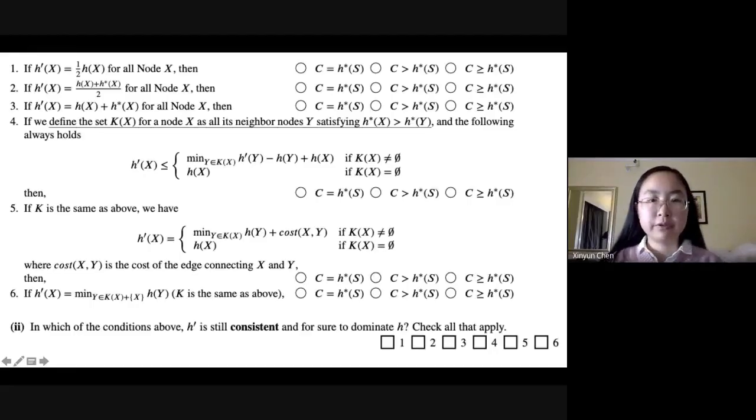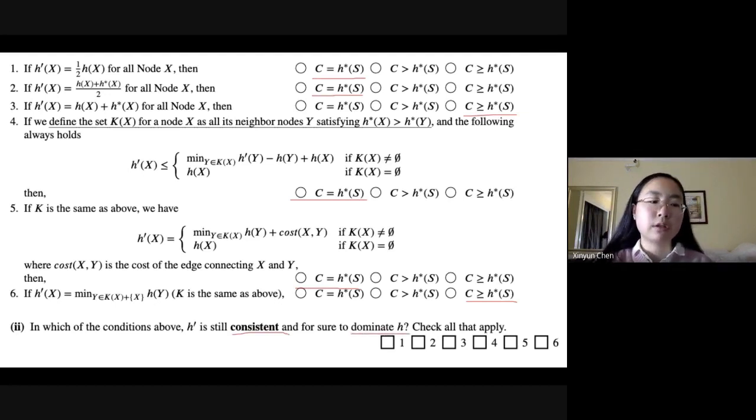From the previous discussion, we already know the answers for all these problems. Heuristic 1 is still consistent, heuristic 2 is still consistent, 3 is not, 6 is not, and 4 and 5 are still consistent. Then which conditions satisfy that H prime is consistent and also dominates H?